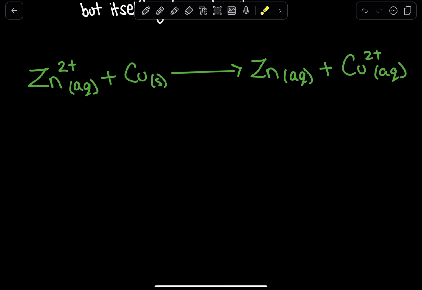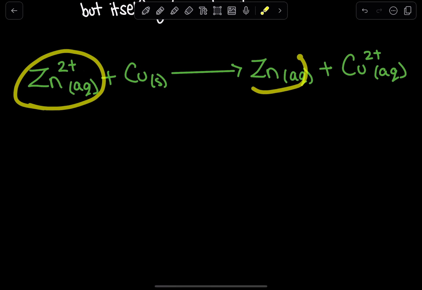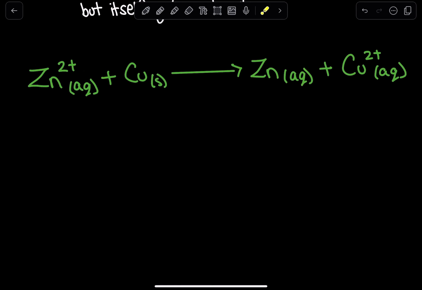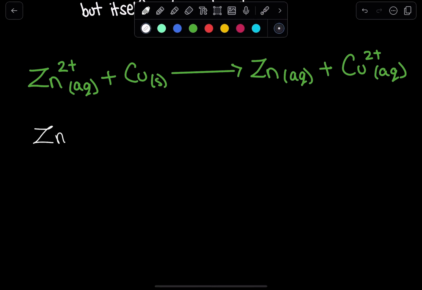So zinc 2 plus we start off with, and then we end up with zinc. So we can write this out, and we can say that essentially we are going from zinc 2 plus to zinc. So it's moving towards the negative direction. We started off positive, we moved towards 0.